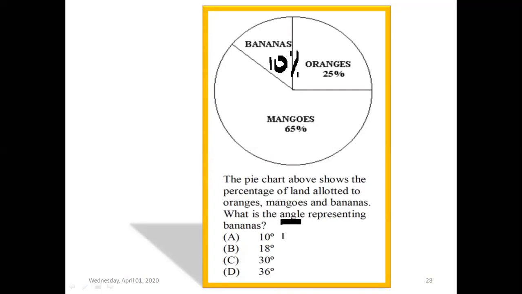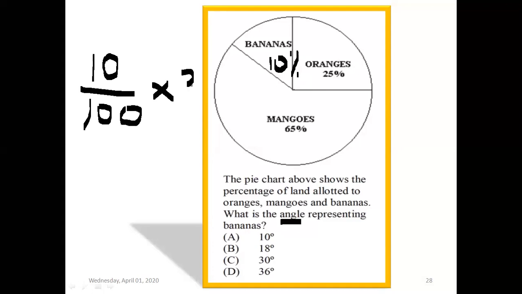All right. So you notice the wrong answer is right at A. To get the angle now, 10% is 10 as a fraction, 10 over 100, not true? I know that a complete circle is how much? 360. Right. So that's how you get the angle.